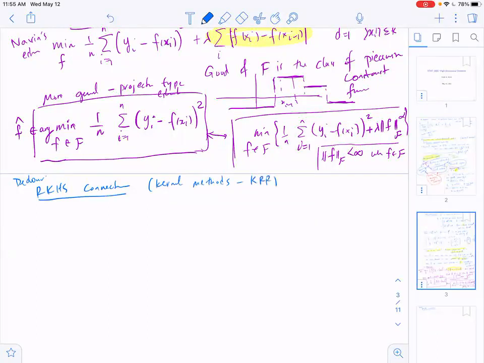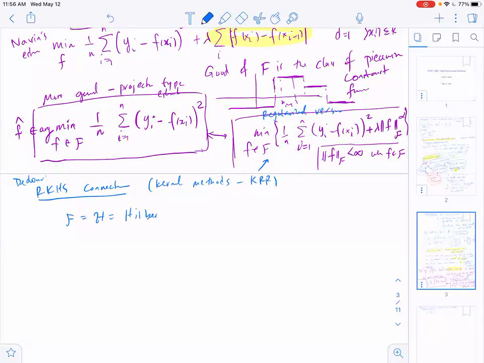So kernel methods. Kernel ridge regression is an example of something like this, the regularized version. The case is like you assume F to be H, which is a Hilbert space of functions.